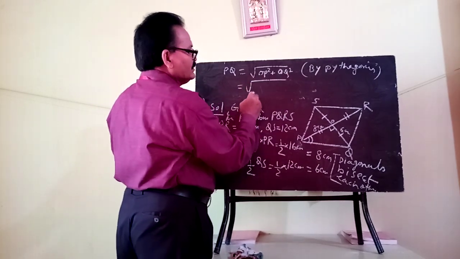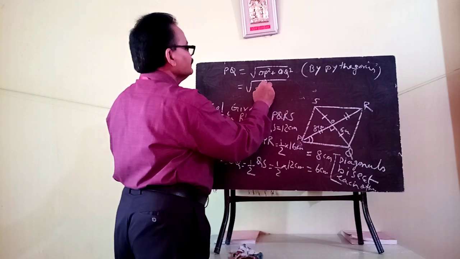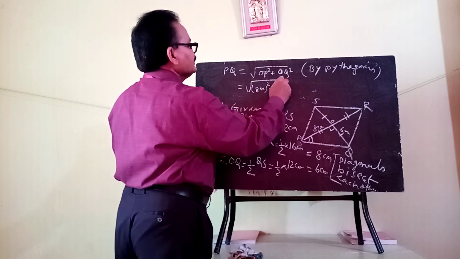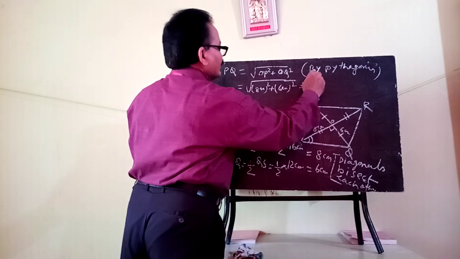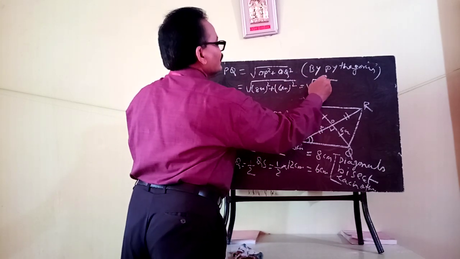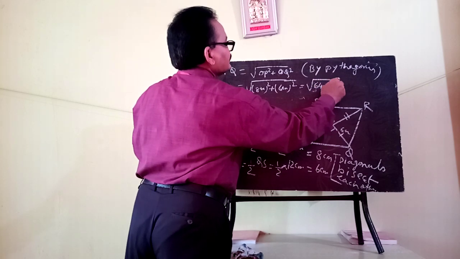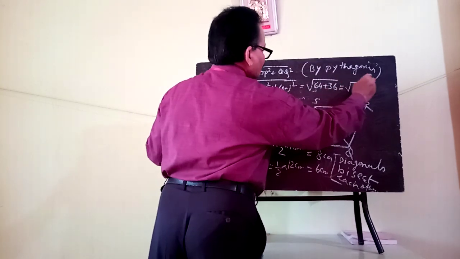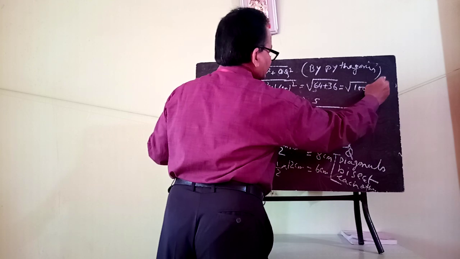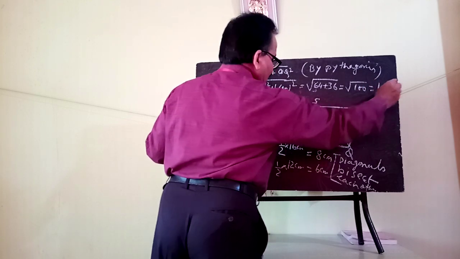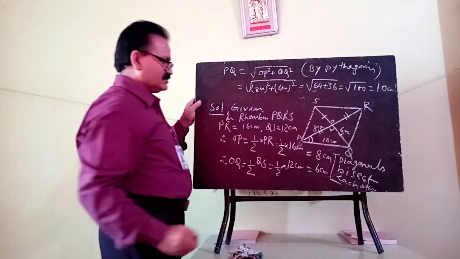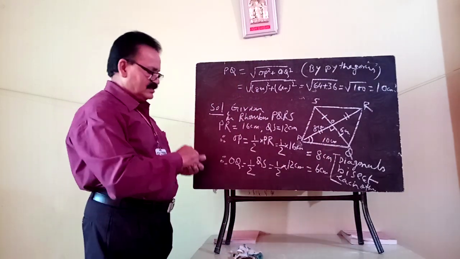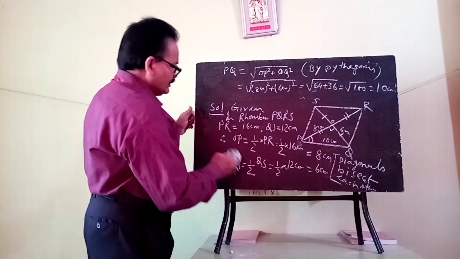So this is 8 square plus 6 square, the square root of 64 plus 36, which is the square root of 100, means 10 centimeter. So the length of PQ is 10 centimeter. Clear?